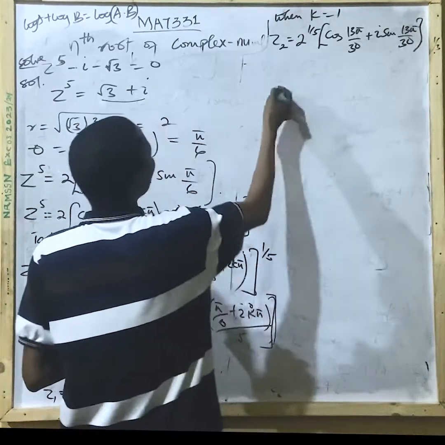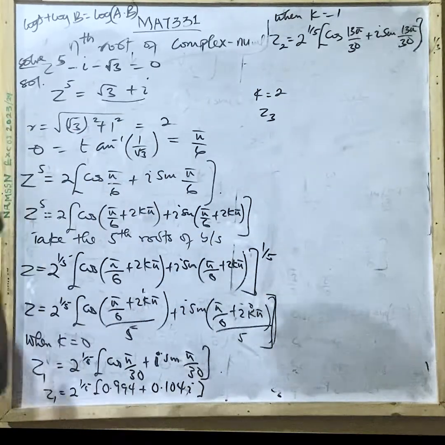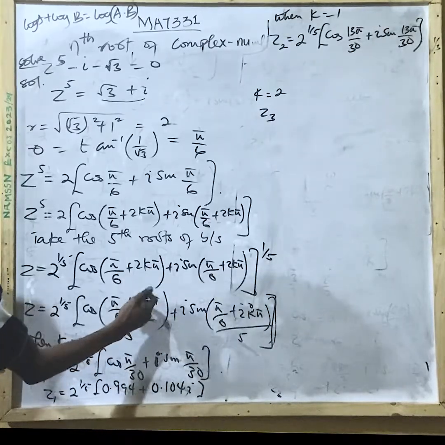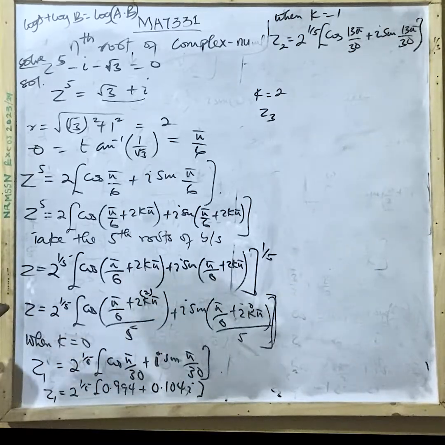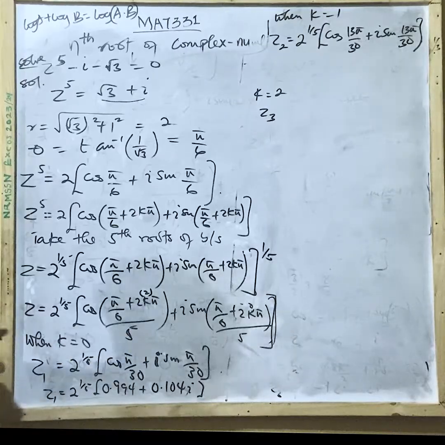You press that one. Then when k equals 2, that will give us z3. Put 2 here, and 2 times 2 pi is 4 pi. So we have pi over 6 plus 4 pi, divided by 5, that's 5 pi over 6.